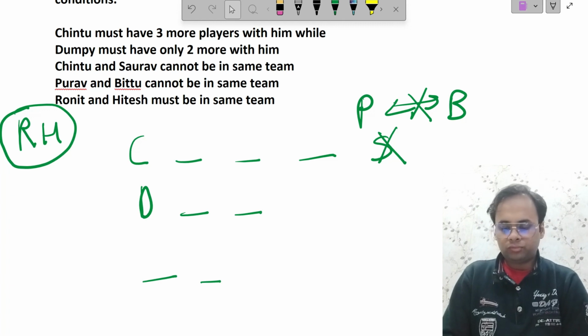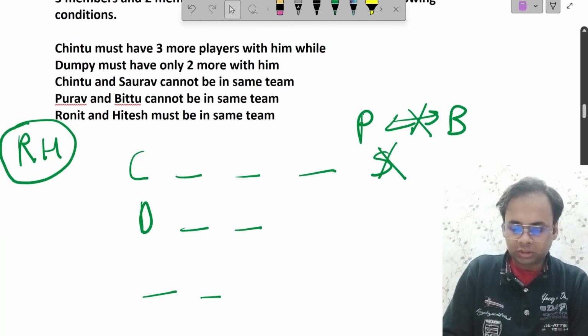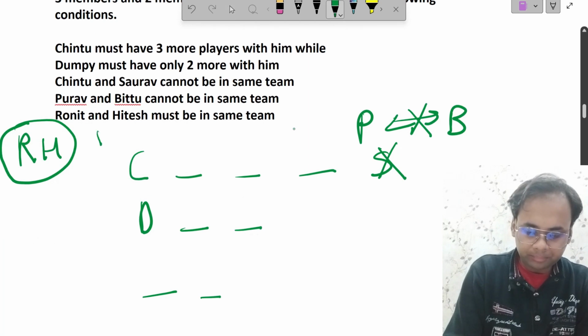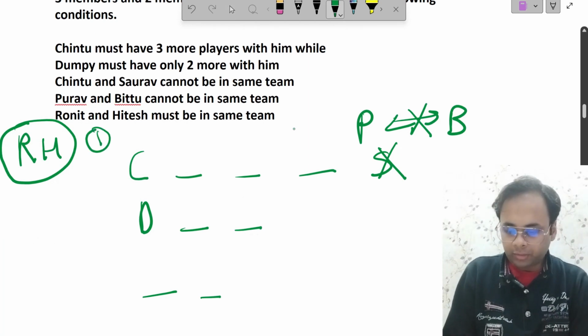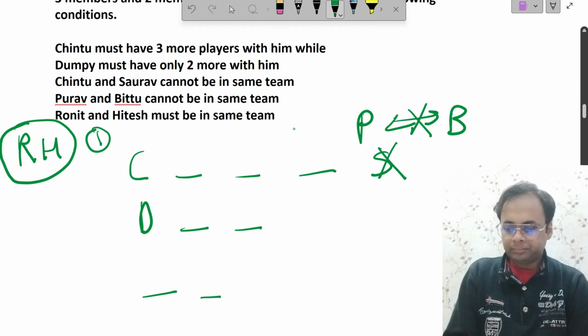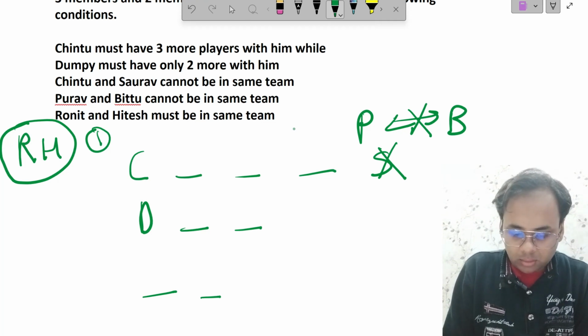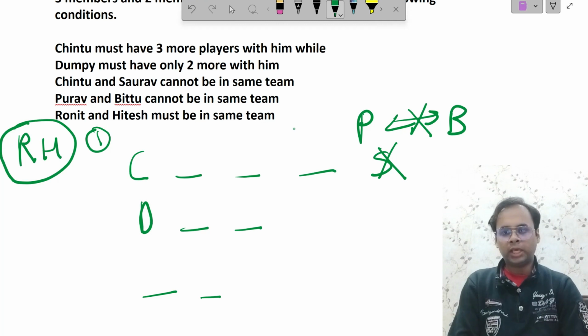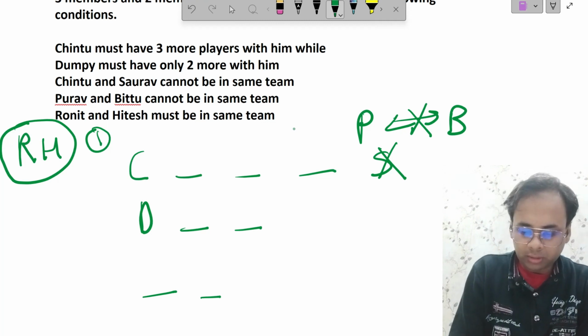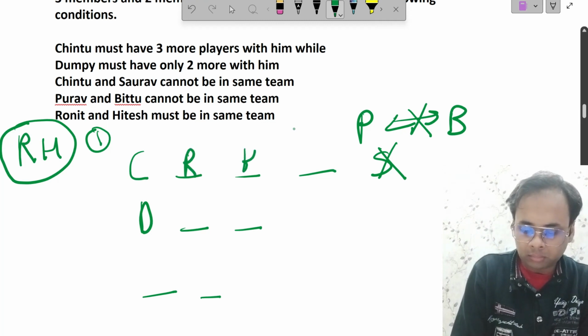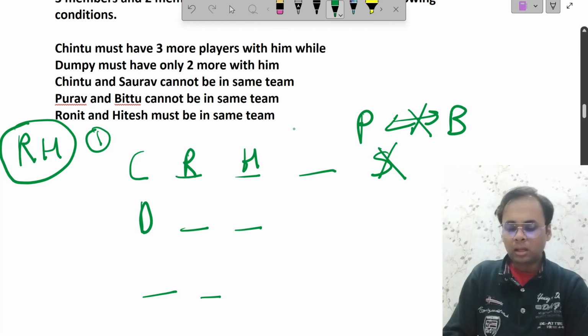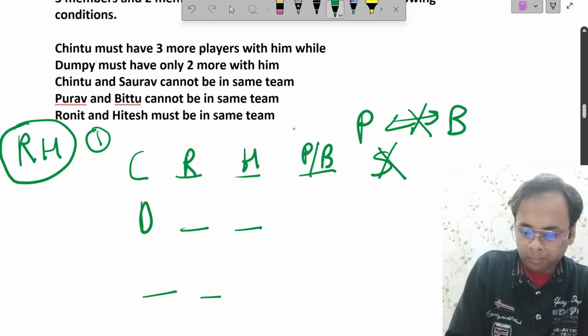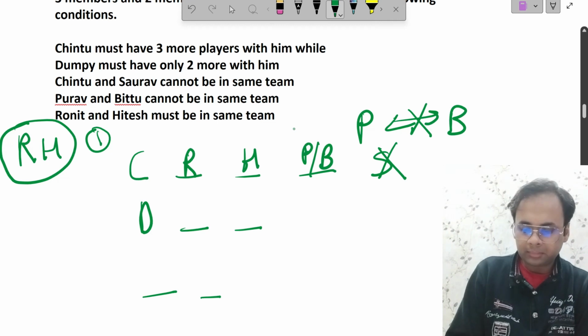Like for case number 1, if I try to plot something, Ronit and Hitesh, R and H must be in the same team. So maybe R comes here, H comes here, and one of P or B comes here because they cannot be together.